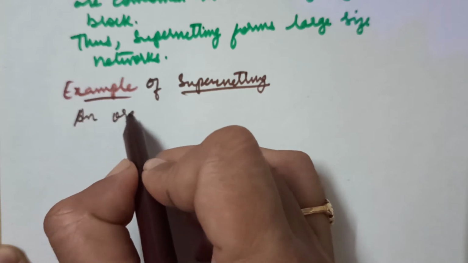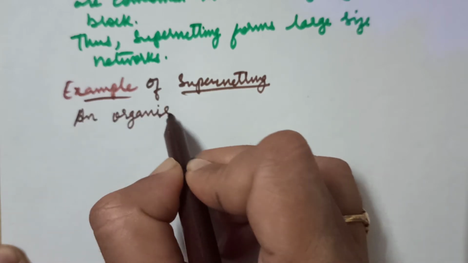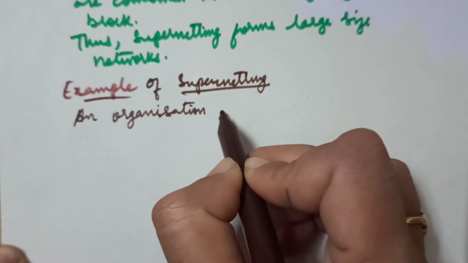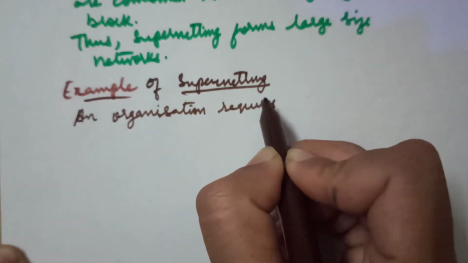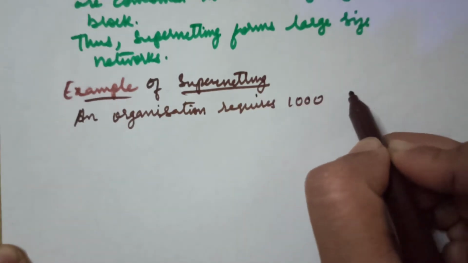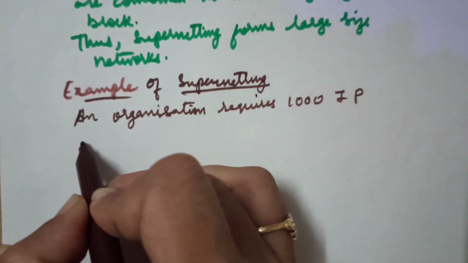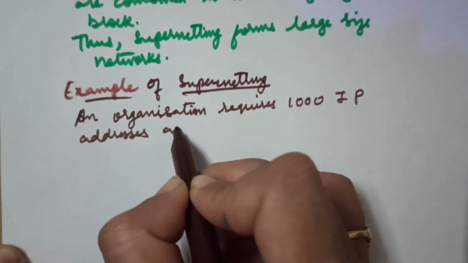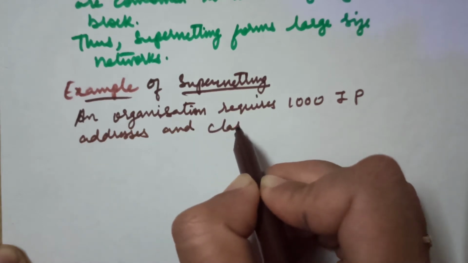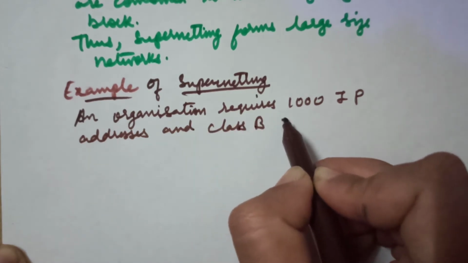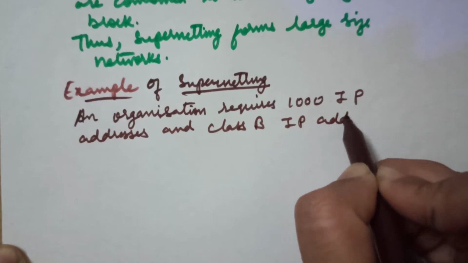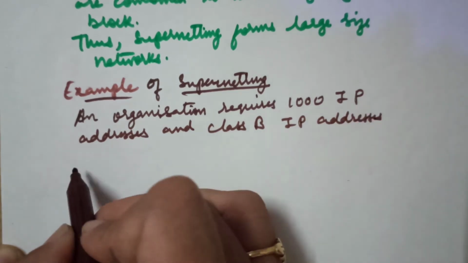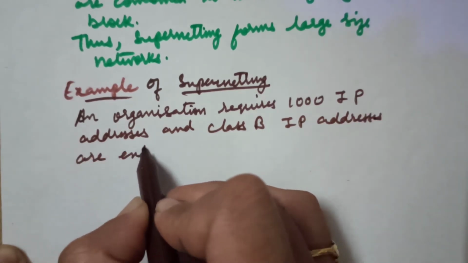An organization requires 1000 IP addresses and class B IP addresses are exhausted.